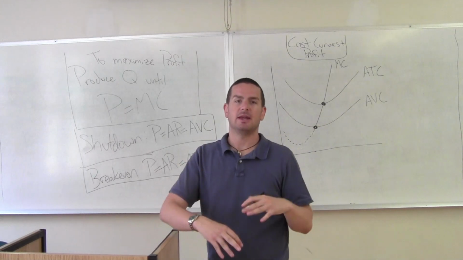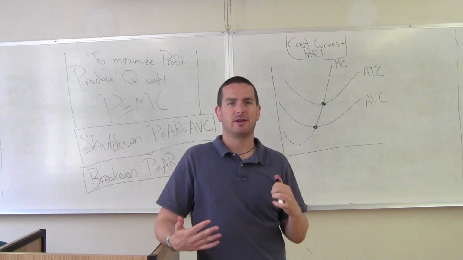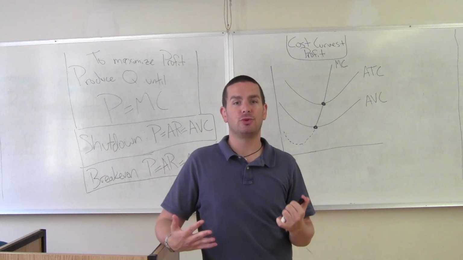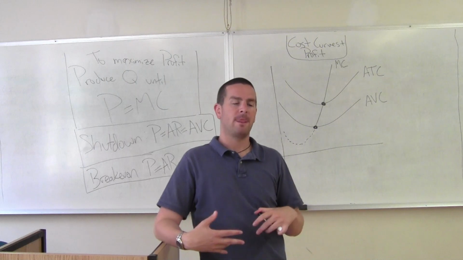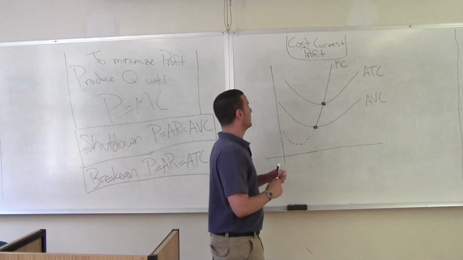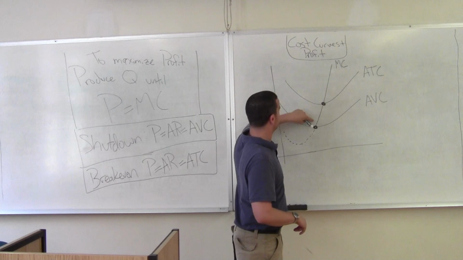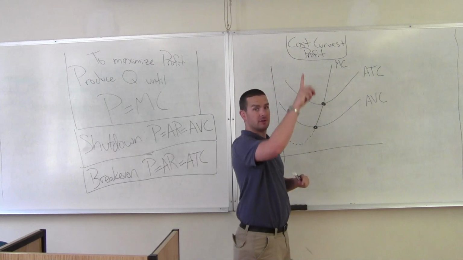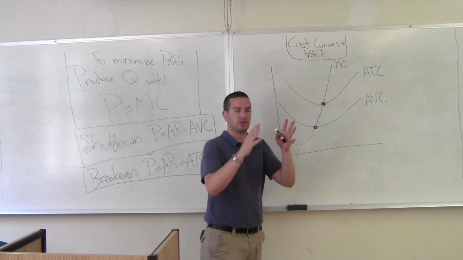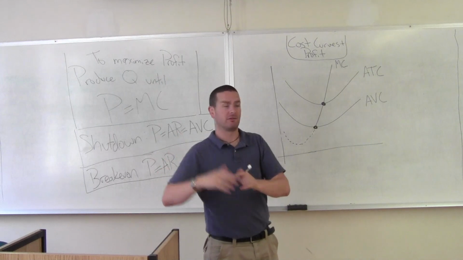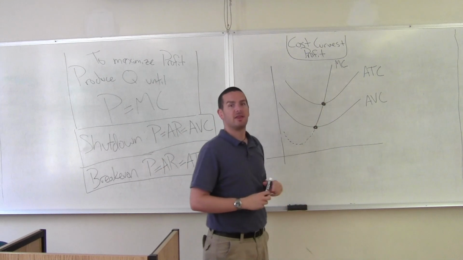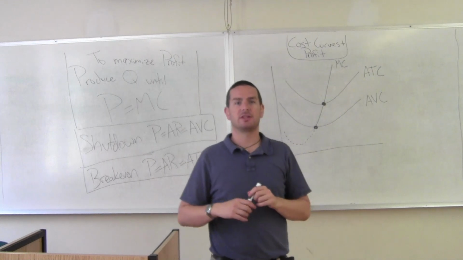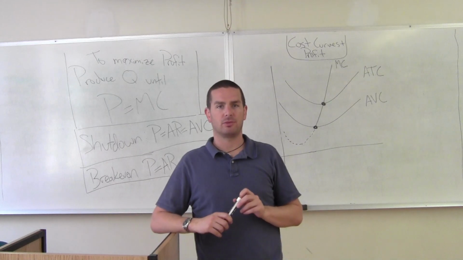I should take that back. It does exist, but you're never going to produce there, because you're below the shutdown point. As it turns out, the marginal cost curve at the shutdown point and above, here and above, that is the supply curve, okay?